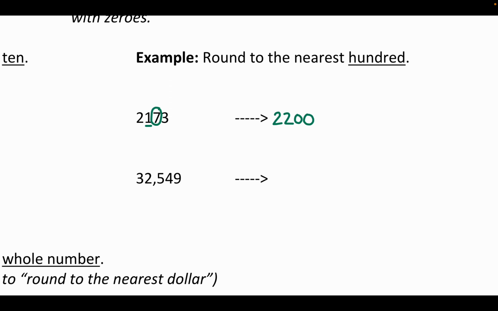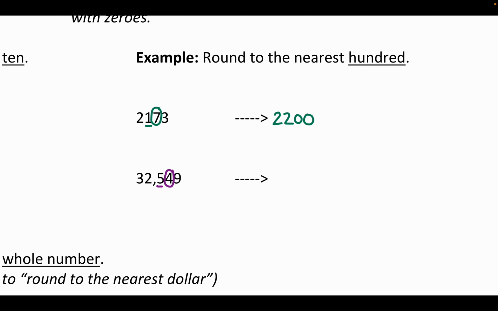And our final example here, we have 32,549. So 5 is what we're looking at. The 4 tells us what to do with it. I put this example in here specifically because this is a really common mistake. A lot of students would want to take that 9, which would bump the 4 to a 5, which would then bump the other 5 to a 6.